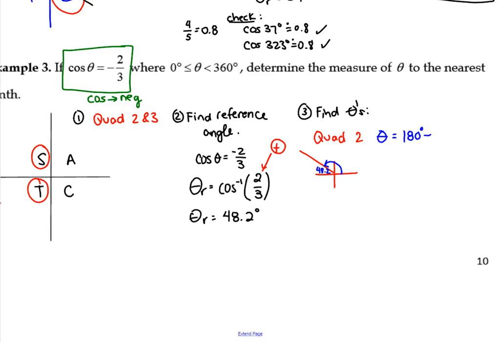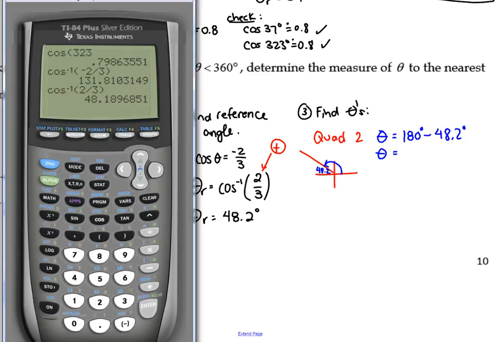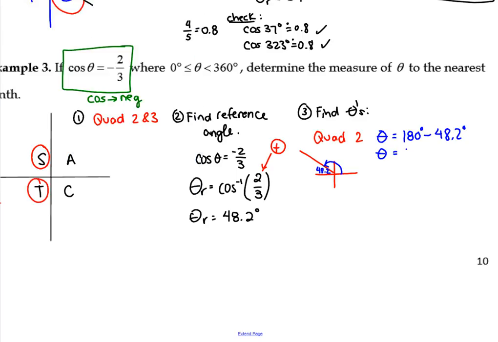What, 180 minus 48.2, which gives us, surprise, surprise, the 131.8 that we saw earlier, that first solution. That's the quadrant 2 solution.